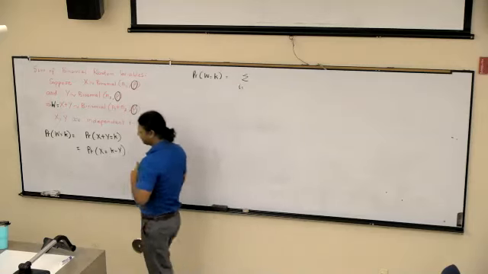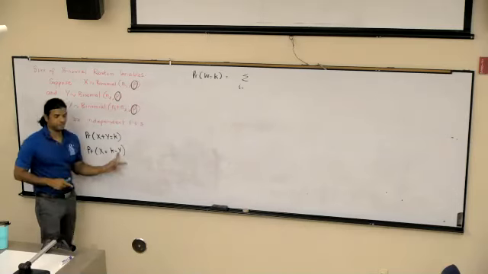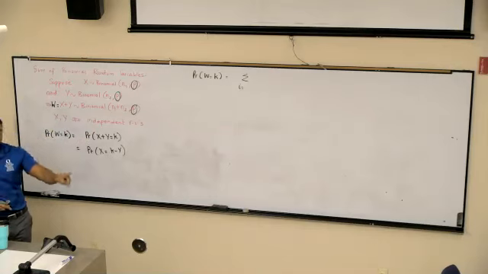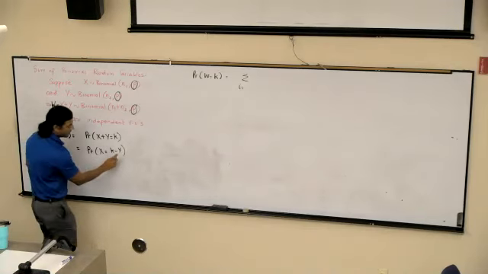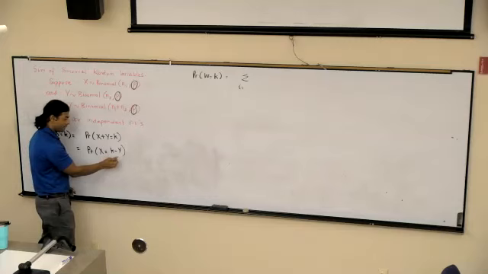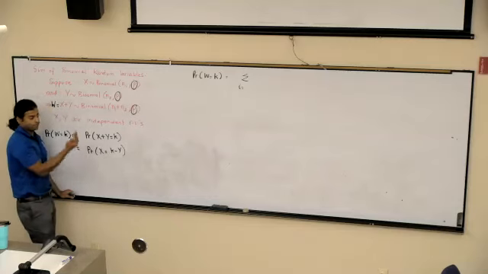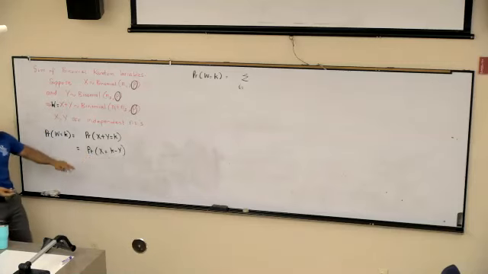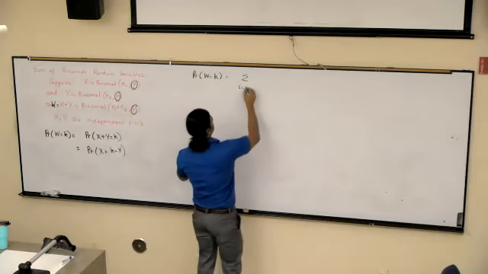I want to sum over all possible values for Y, right? If you go back and look at our previous problem, I conditioned on that variable Y, and I looked for all possible values for Y. So I want to look at all possible values for Y, and what are they? 0 to n2.